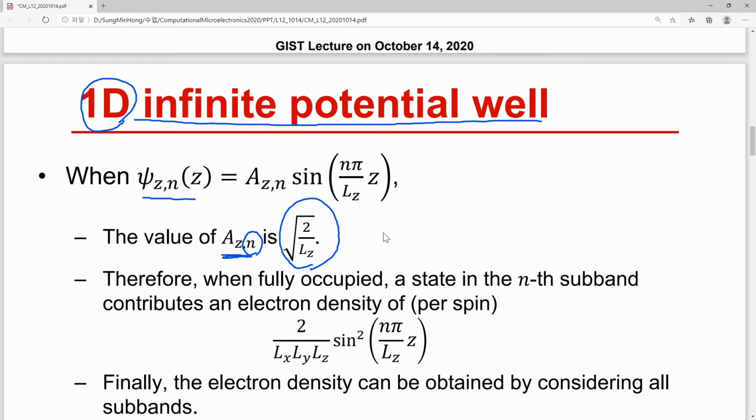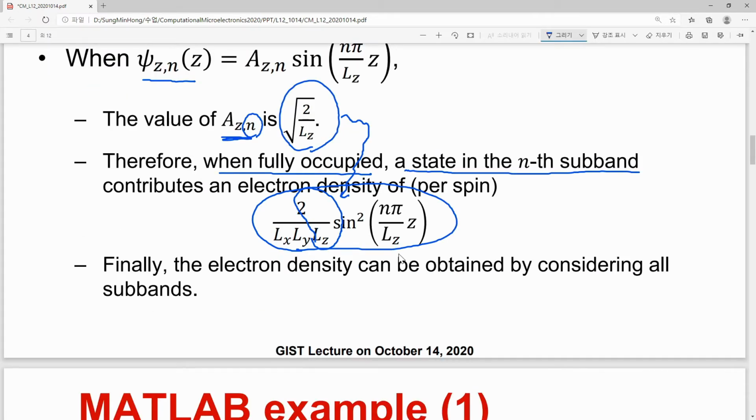So when fully occupied, a state in the nth subband contributes an electron density like this. Here 2 over Lz comes from the z-directional wave function. Also we have 1 over Lx and Ly, which is related with the x direction and y direction. And finally here we have the square of a sine function, and this is corresponding to the z-directional wave function.